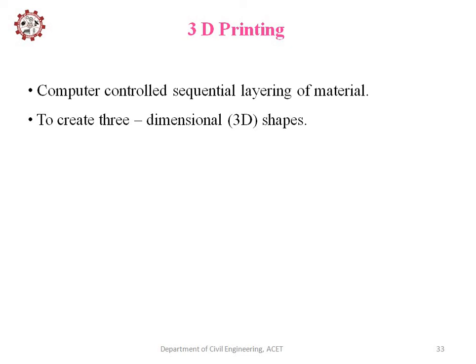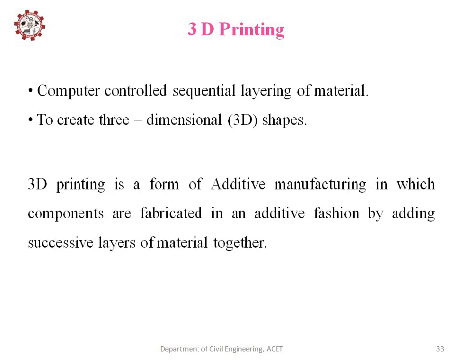Nowadays we are using lots of software for designing purposes and for designing the structural detailing and others. We are using the help of 3D printing. So 3D printing is a form of additive manufacturing in which components are fabricated by adding successive layers of material together.